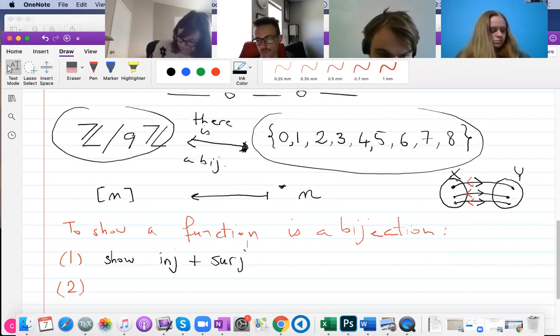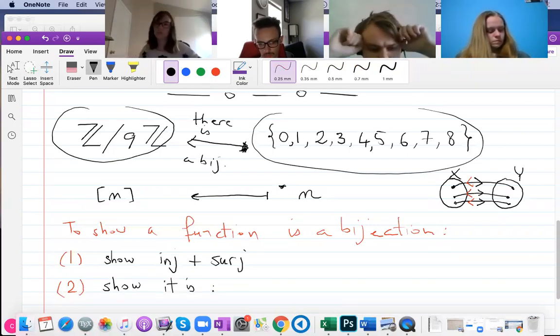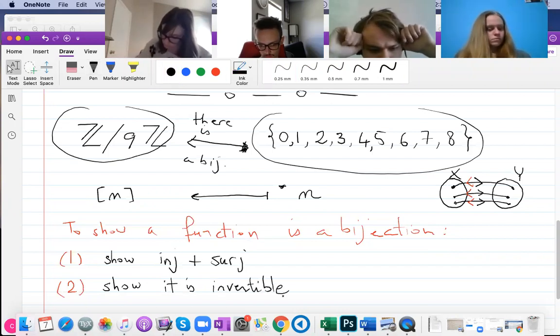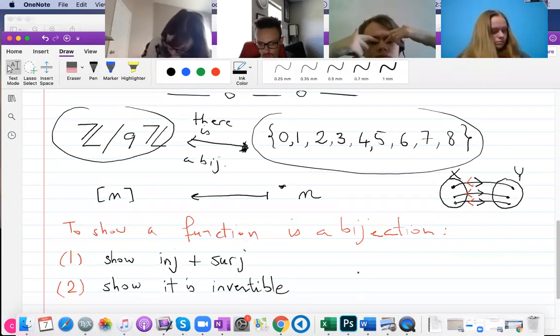right? So the other thing that you can do is you can show that it is invertible. And how do you show that it's invertible? Well, you construct an inverse function, right?